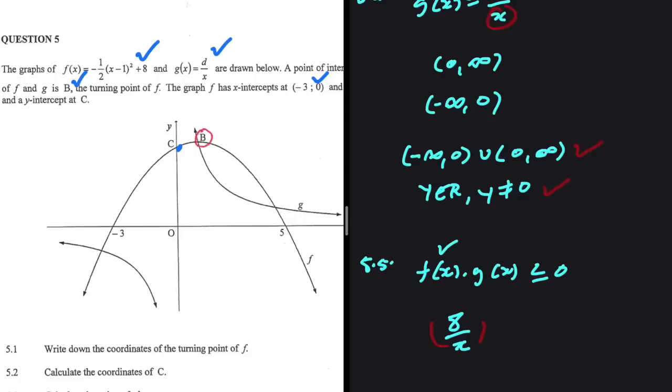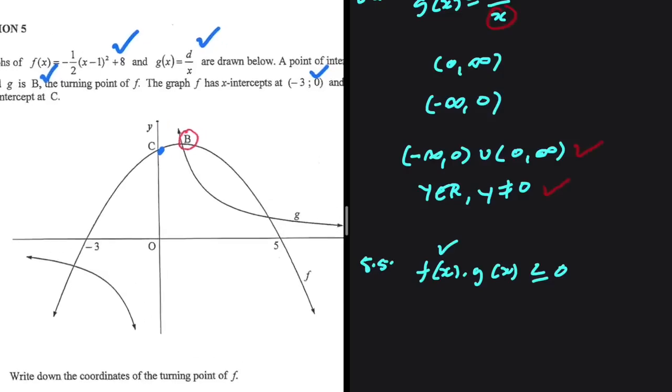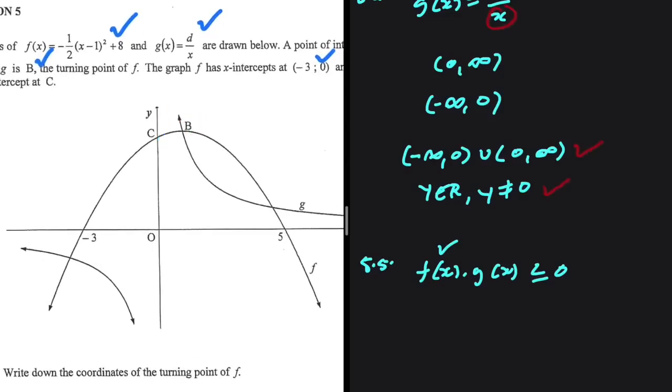But we know fully well that in our solution, we cannot include x equal to 0. Whatever interval we have, it must not include x equal to 0 because g of x is not defined at that point. We need to be aware of that. Well, let's go to our graph. Let me show you something. Okay, so between minus 3 and 5, f of x is positive.